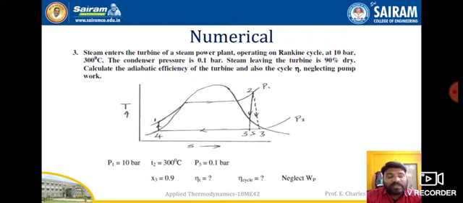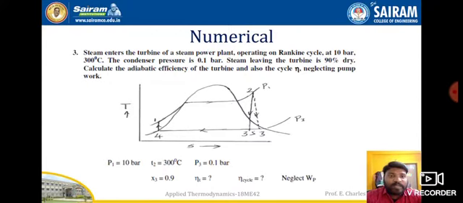That means some amount of moisture is present in the steam after spinning the turbine. So that is the meaning of this, which is very important. We should not take the dotted line 2 to 3 into consideration. Instead we need to take 2 to 3s for solving this problem.